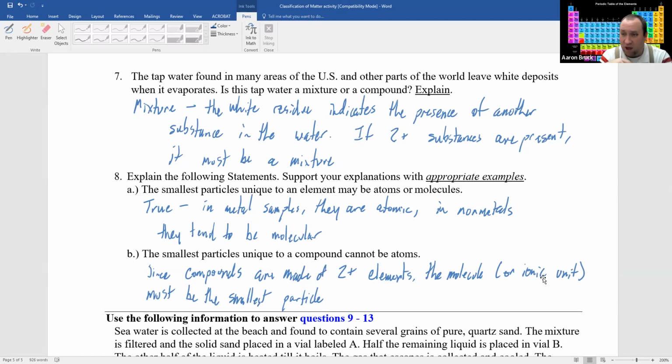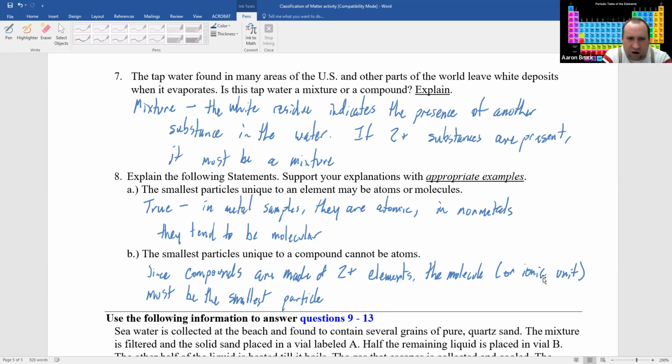So the fact that we have a white substance being left over indicates that there are at least two substances present. And if there are multiple substances present, it has to be a mixture. Now, in this case, it's a homogeneous mixture because you couldn't tell that there was anything dissolved in the water prior, but it would definitely be a mixture.